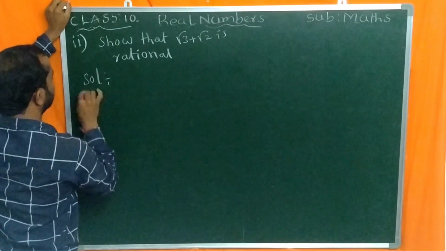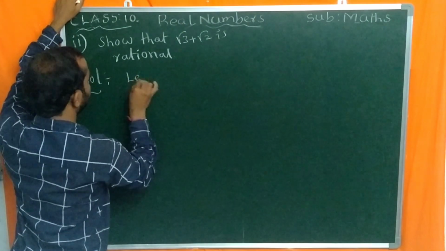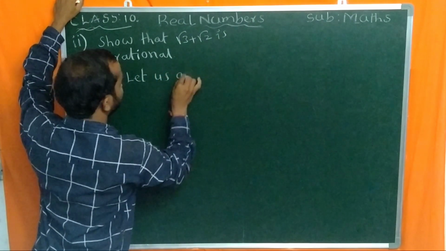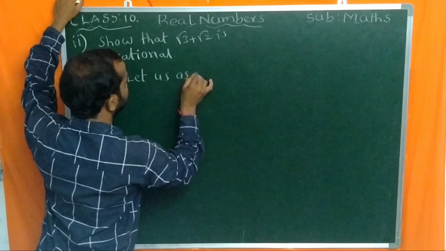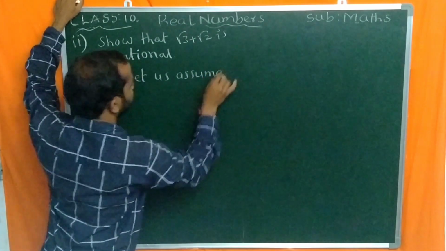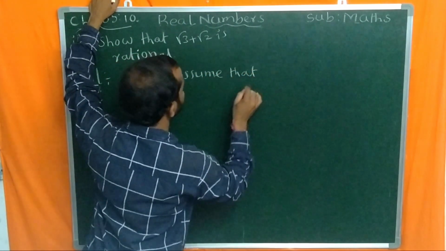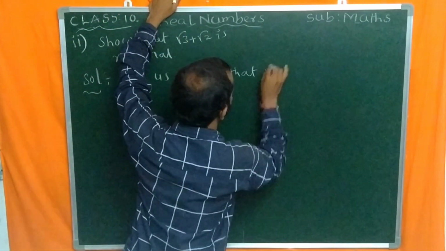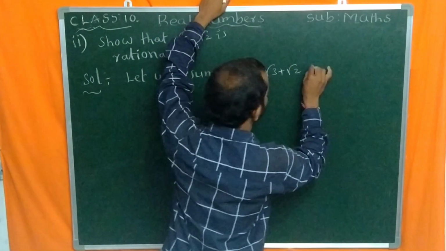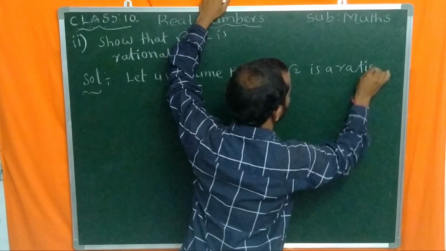So first let us assume that root 3 plus root 2 is rational.